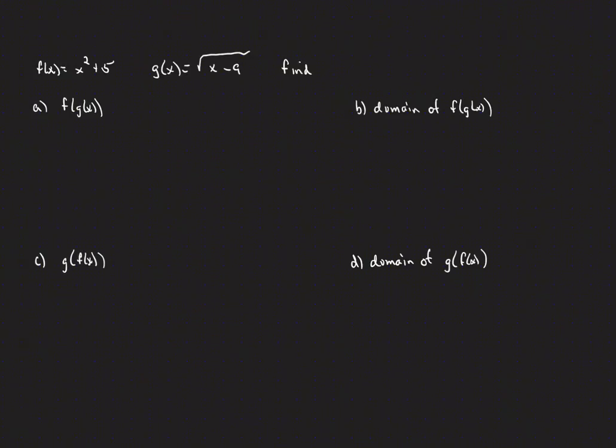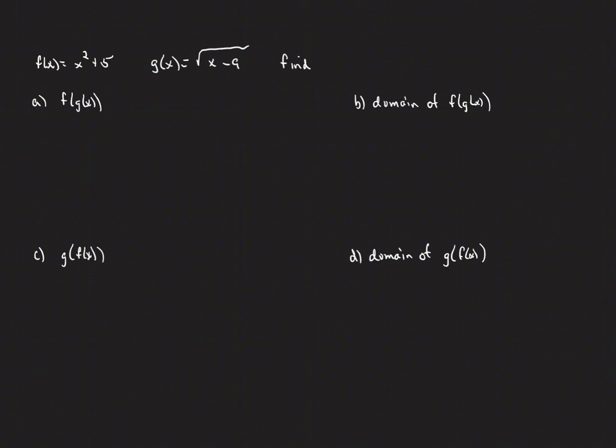Here's another one. Now we're going to find f of g of x again. So we're going to take f of the square root of x minus 9. So that means we're going to take the square root of x minus 9, squared, plus 5. That's going to look like x minus 9 plus 5, which may look like it has domain all real numbers, but we know better.